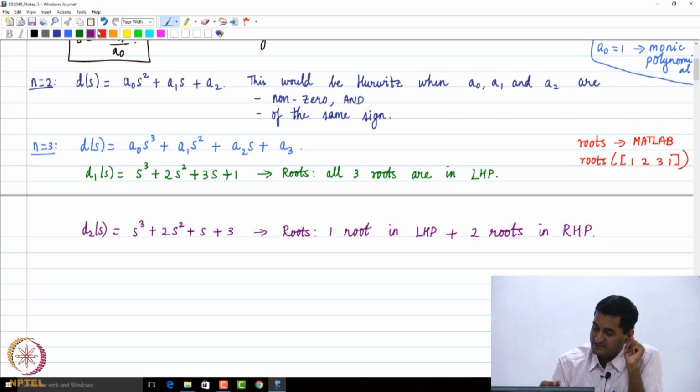So let's write down the general condition, but I hope everyone is understanding the flow of our discussion, right, where we are headed?